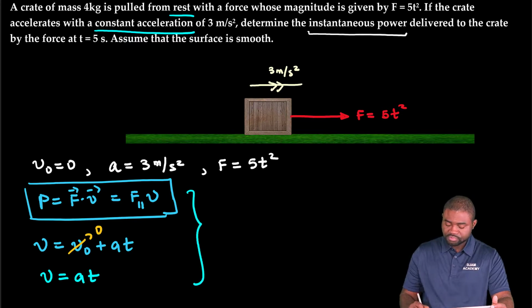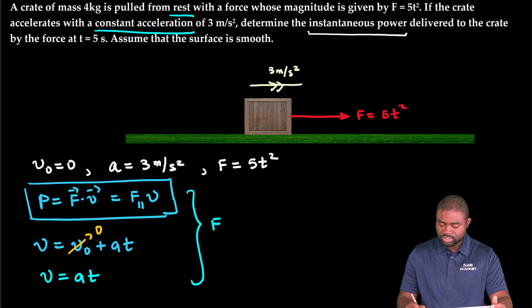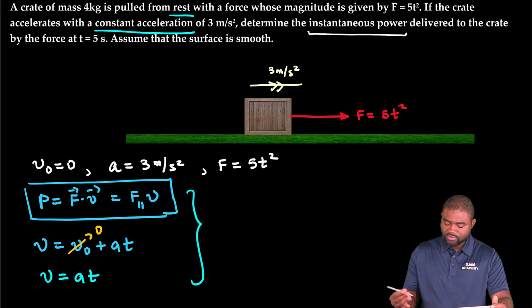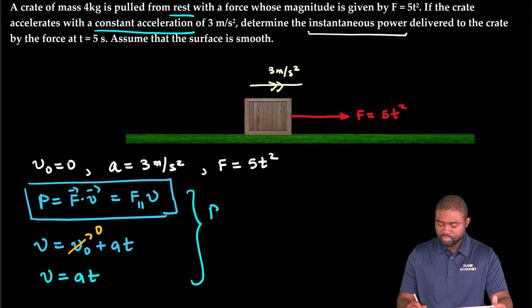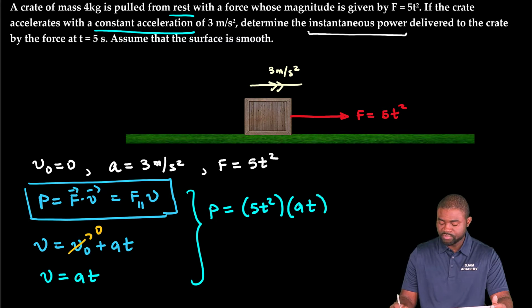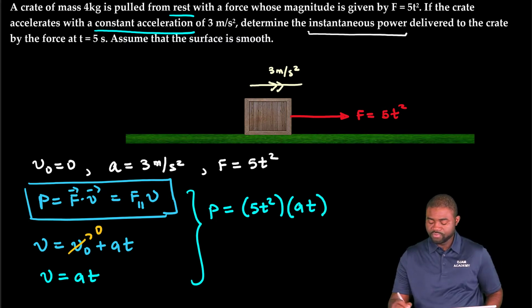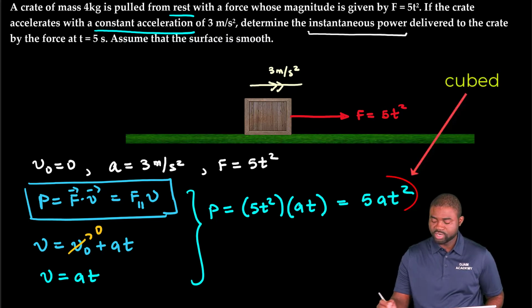Hence, we can therefore see that the instantaneous power P will be equal to F, which is just 5t squared, multiplied by v, which is just at. If we simplify this, this will be equal to 5at squared.